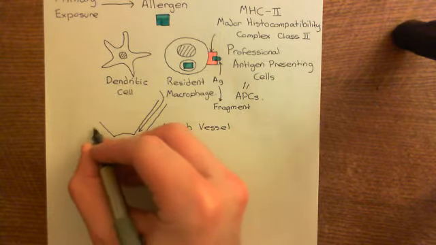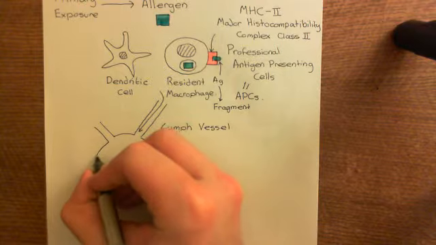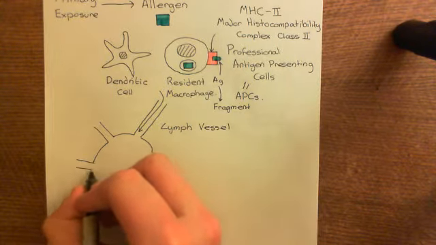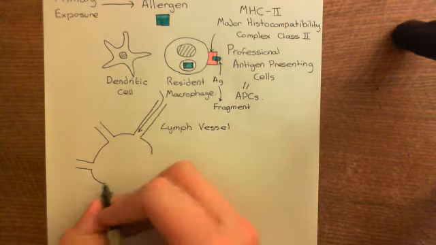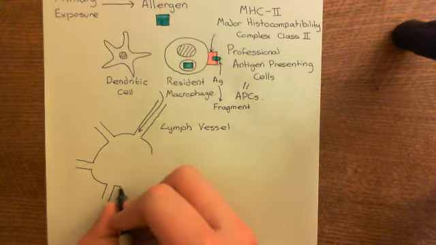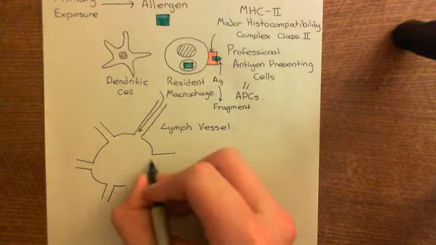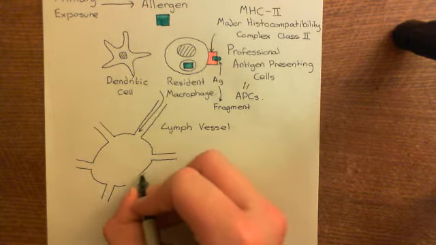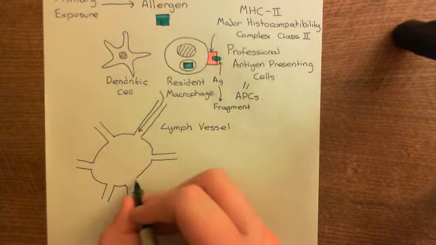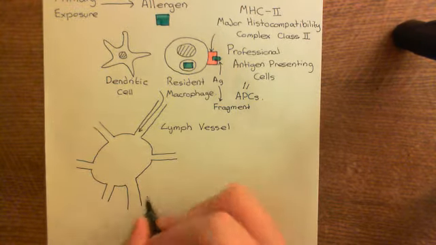So loads of afferent lymph vessels come into one lymph node. So let me show you the structure of a lymph node, because I always think lymph nodes have quite an interesting structure. They're very well suited to what they need to do. So here are the afferent lymph vessels. And then coming out of the lymph node is a big efferent lymph vessel.